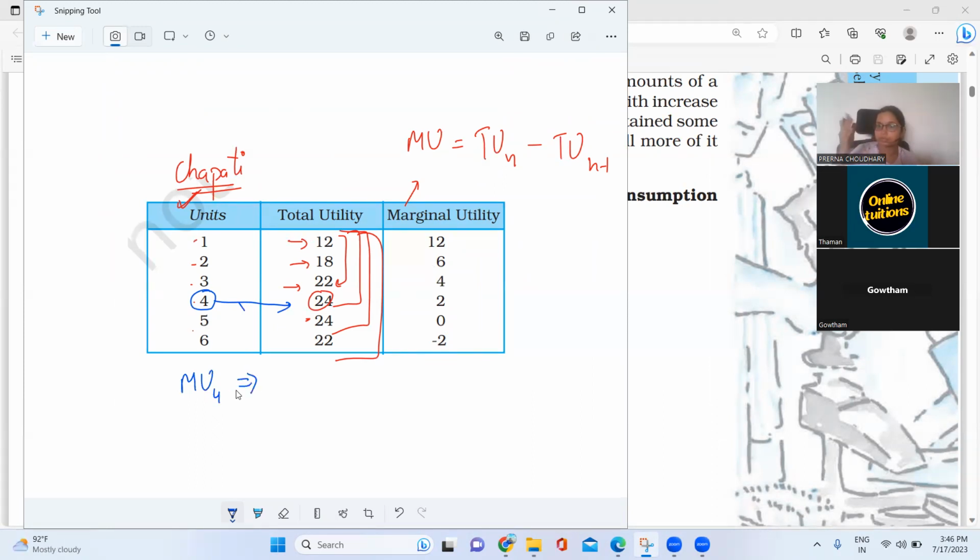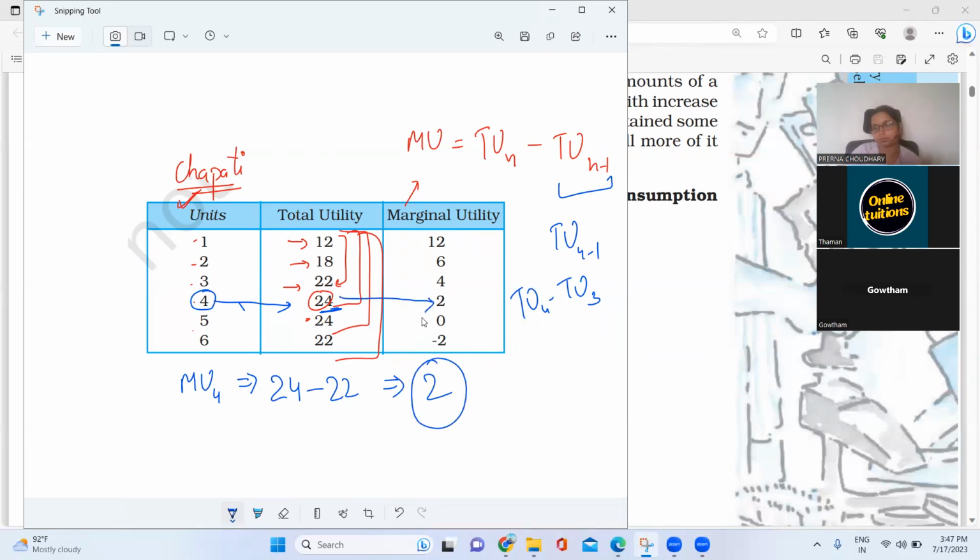So marginal utility from the fourth unit is the total utility of fourth minus the total utility of the third, because I have n minus 1. So 4 minus 1 is 3 here. So it's TU4 minus TU3. The TU4 I have as 24 minus 22. So I got marginal utility as 2.